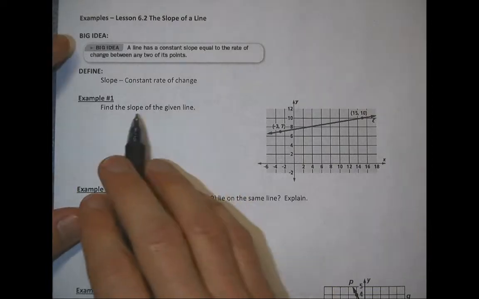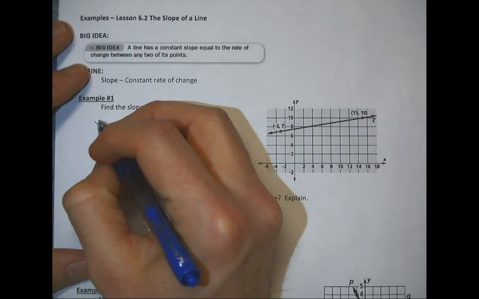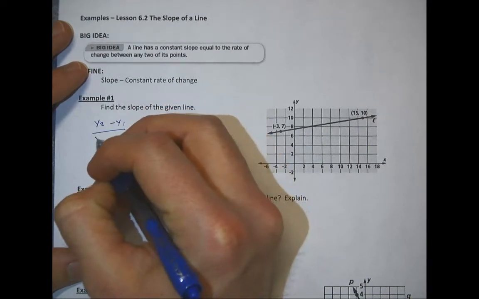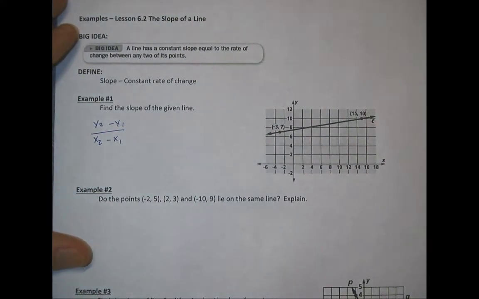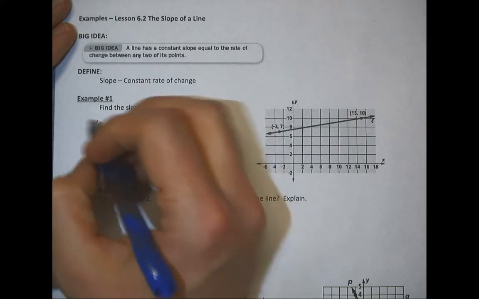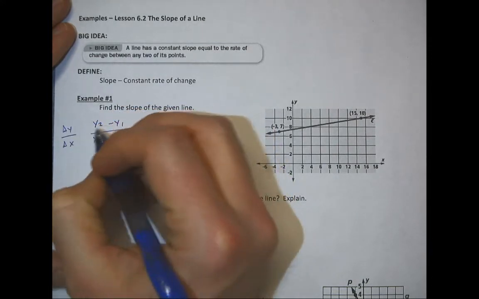So the slope of a given line is going to go back to that same formula we were using in 6.1 for rate of change. So this is the slope formula. What this is actually talking about is the change in the y and the change in the x.